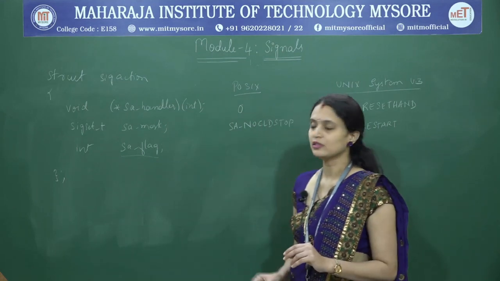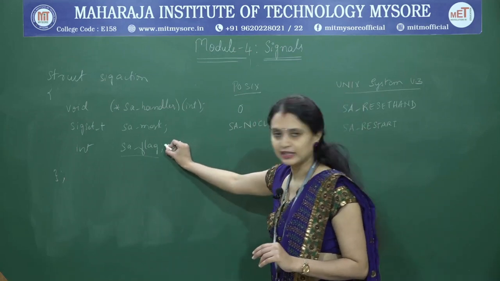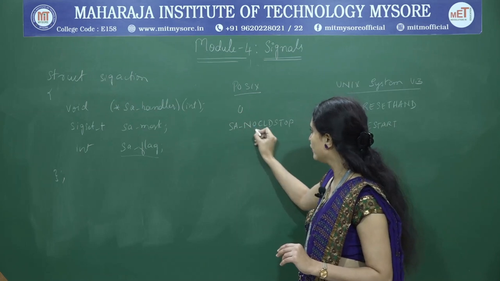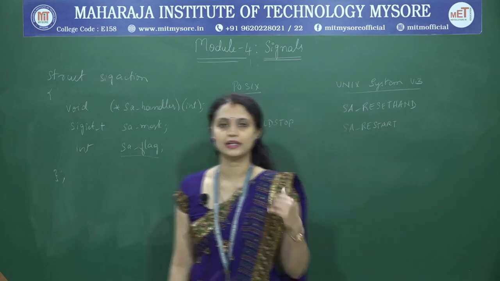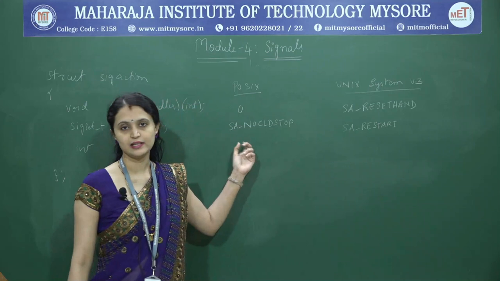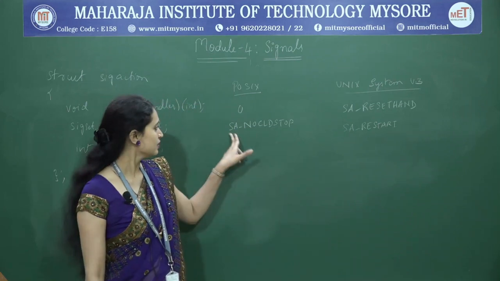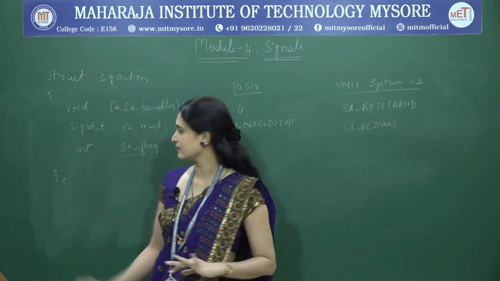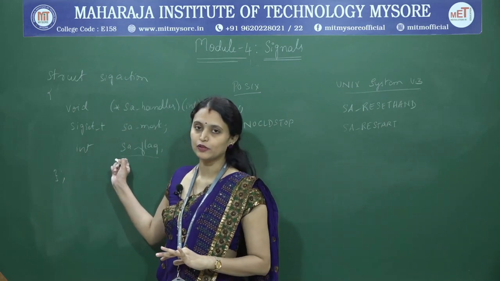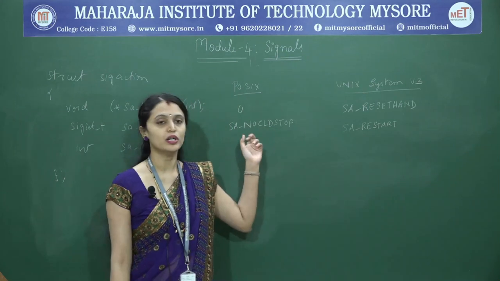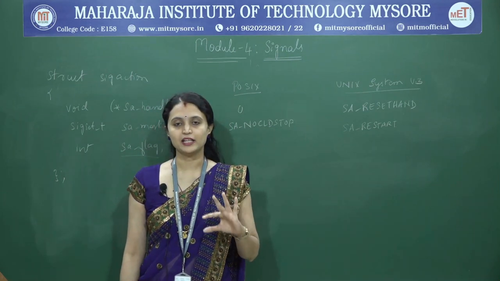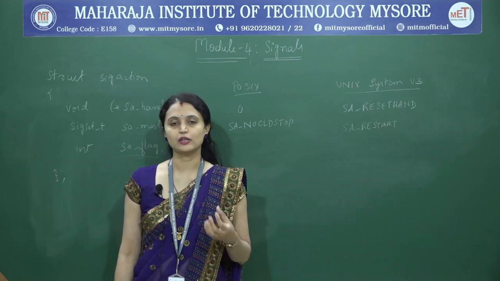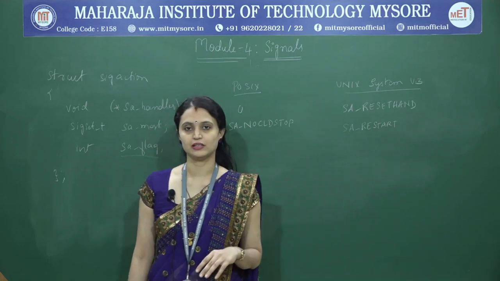So in POSIX systems, the values for SA flag is 0 or SA underscore NOCLDSTOP. Okay, SA underscore NOCLDSTOP. Suppose this SA underscore NOCLDSTOP is assigned for this flag. That means if the flag is set with this value, in that case the parent process will get the notification if the child process has been terminated.